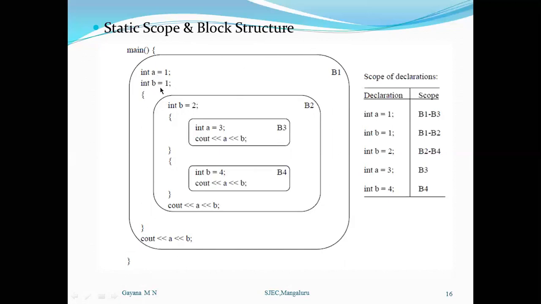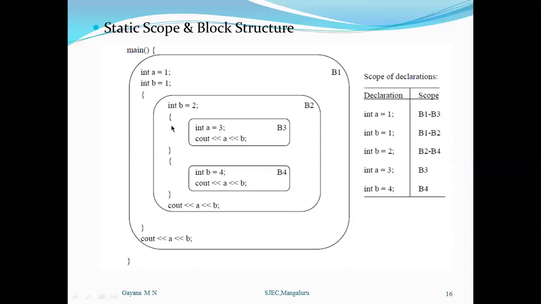Now after int b equal to 1, we have another open brace, and the corresponding closing brace can be over here. Whichever statements come between these braces belong to another block. We call it B2. Under the B2 block, we have declared another statement, int b equal to 2.